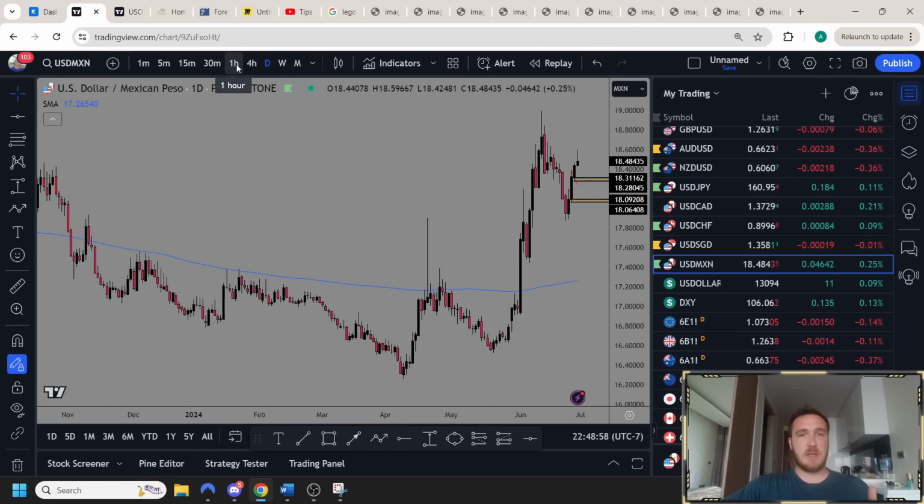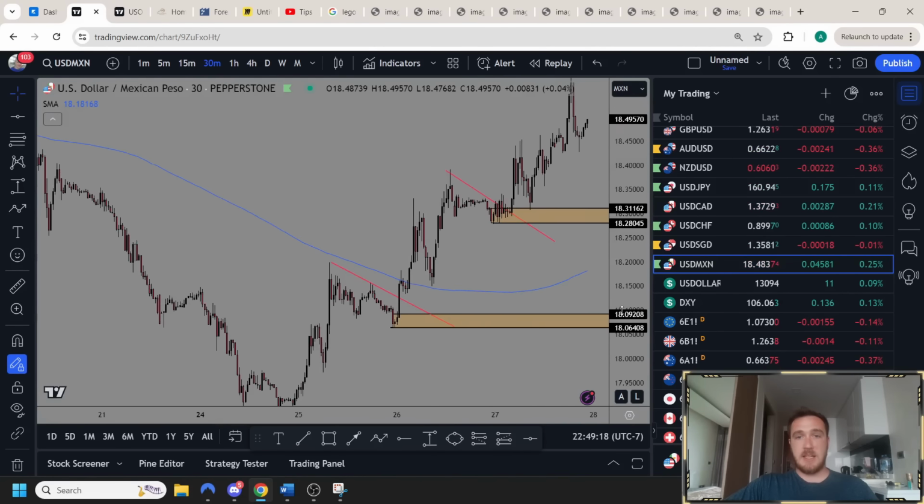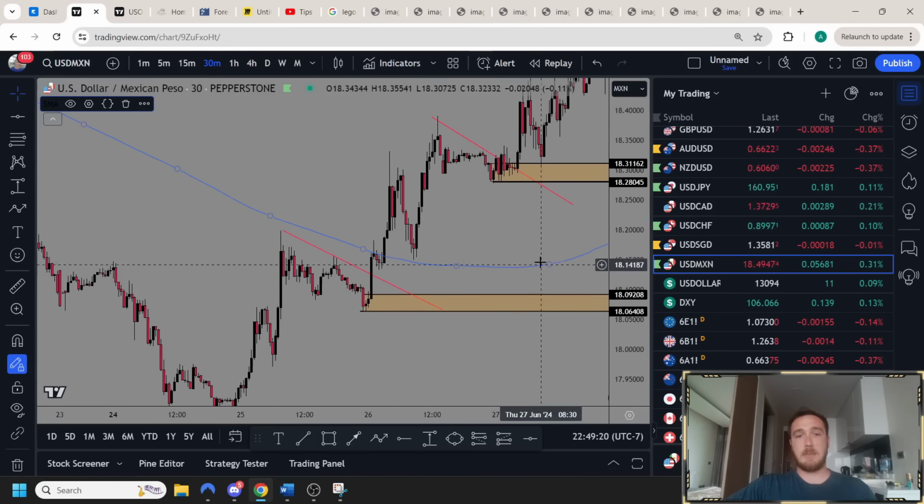Everything is going to be the exact same, but I don't need price inside a higher time frame supply or demand zone; I must trade with the higher time frame trend. So I notice price in an uptrend, and I'm looking for buying opportunities. These were the two setups that we were talking about in the group.